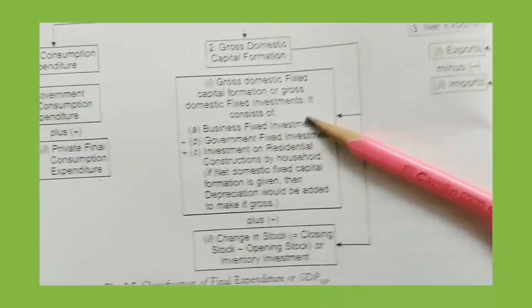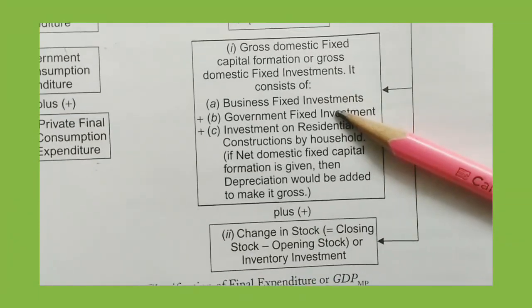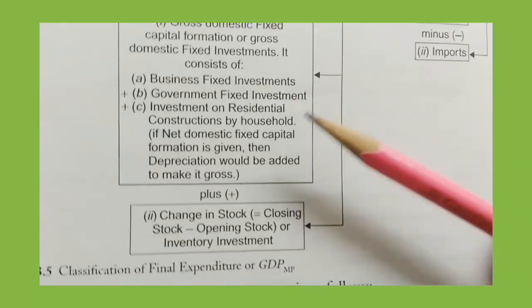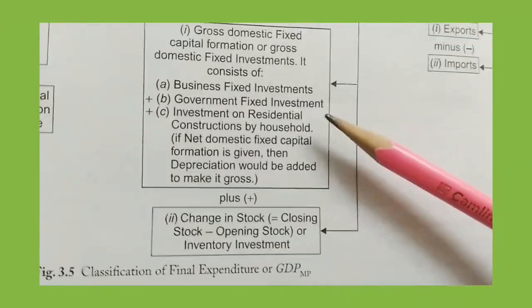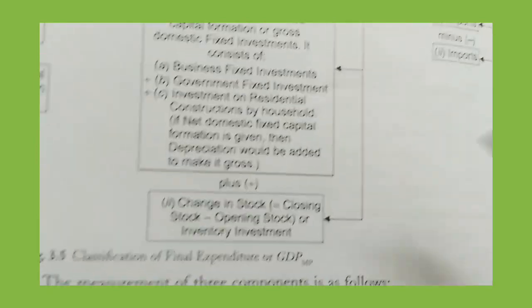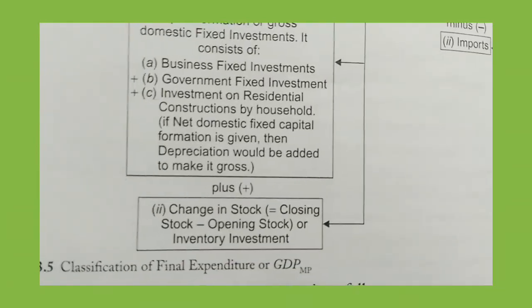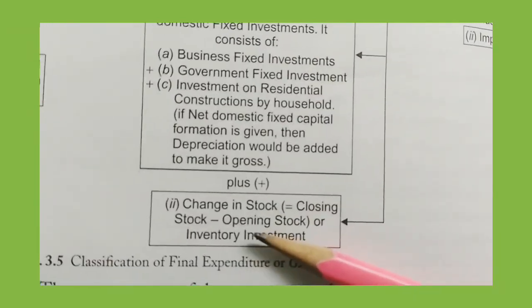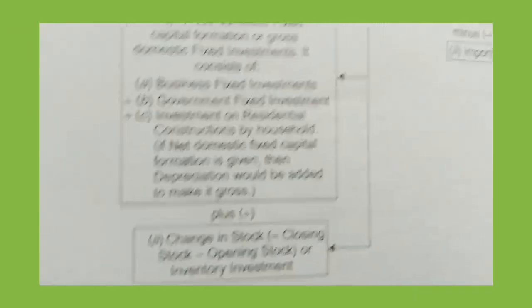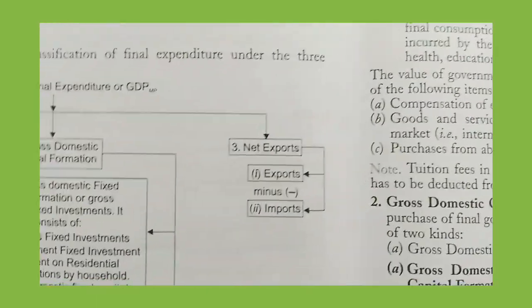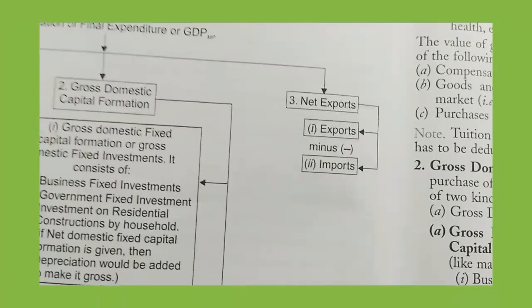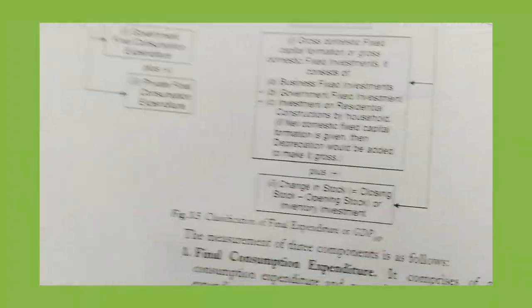It consists of business fixed investment plus government fixed investment plus investment on residential construction by households. If net domestic fixed capital formation is given, then depreciation would be added to make it gross, plus change in stock. Change in stock equals closing stock minus opening stock, or inventory investment, and then net exports, that is exports minus imports. This is the classification of final expenditure.